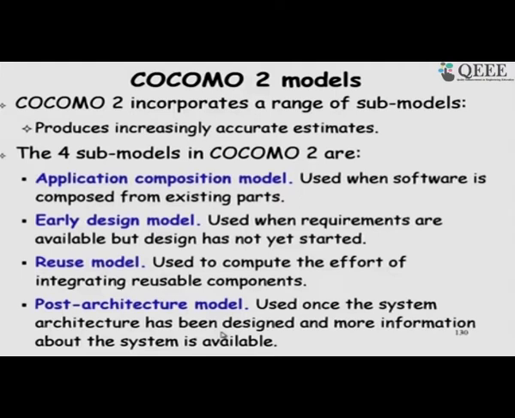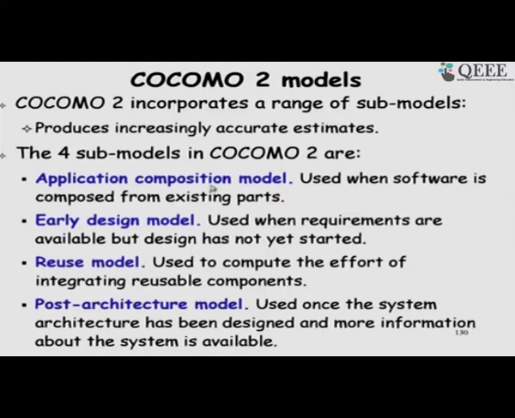We can estimate the lines of code fairly accurately here, because we know the design complexity of each module and so on. So, we should use lines of code in the post architecture model, whereas in the early design model, where it is hard to guess the code size, we should use the function point.